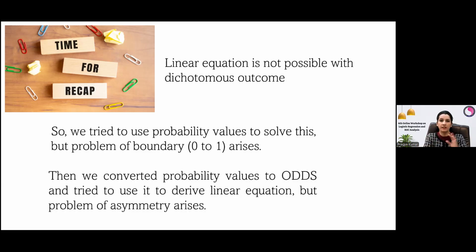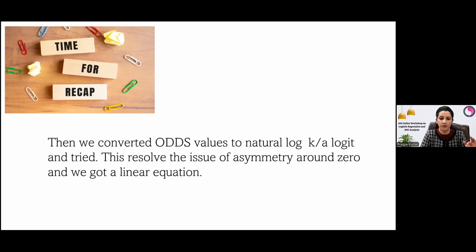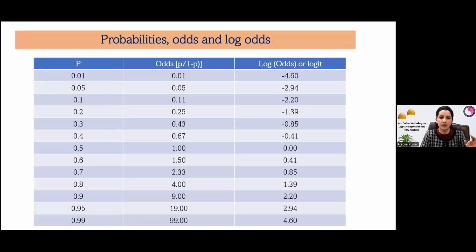But we know that it got restricted at 1 because it will not go to infinity. It has the lower and the upper border fixed. So by converting it to odds, we have tried to devise the linear equation. But there was a problem with the asymmetry around odds. So we have used a logit function. We have taken a natural log of it, and this has got a symmetry.